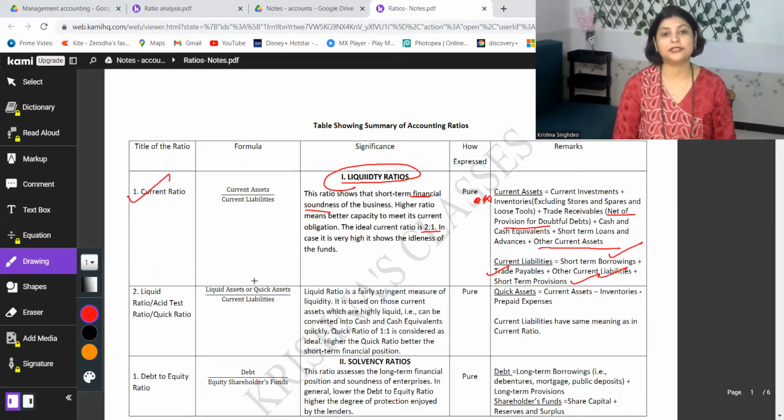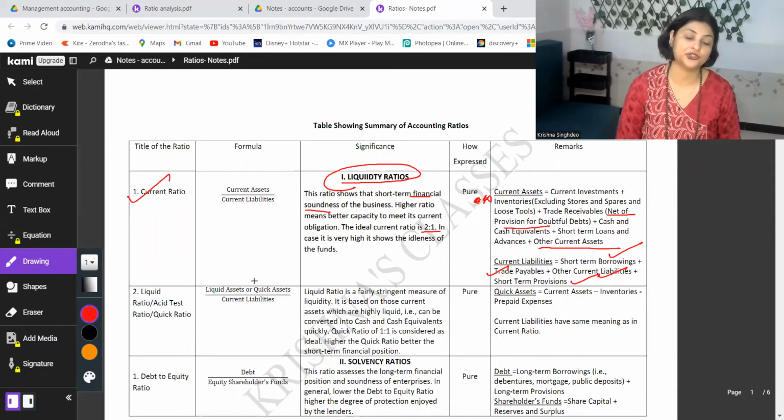See what happens when you find out the current ratio, this ratio tells what is the liquidity position or short-term financial soundness of an organization. But still, there are certain things which will take a longer period of time to be converted into cash. For example, inventory. Inventory will not get converted into cash immediately. Why?